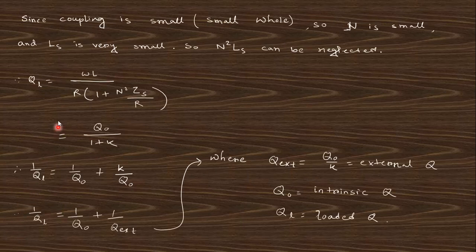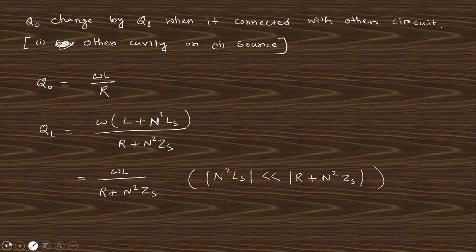Since the coupling is a small hole, n is very small, so n square LS can be neglected. Actually LS is very small compared to L, so L plus n square LS can be written as L, and the resistance is R plus n square ZS.